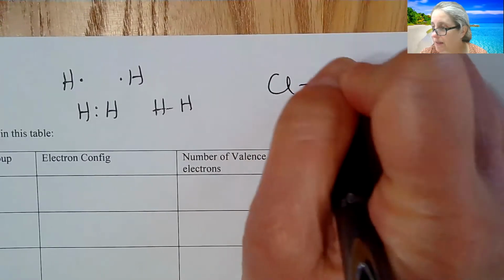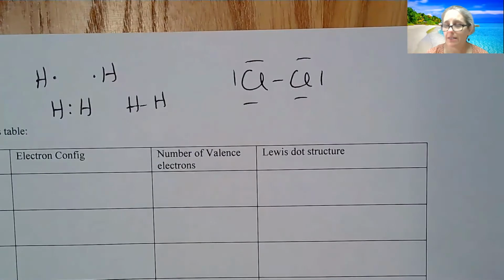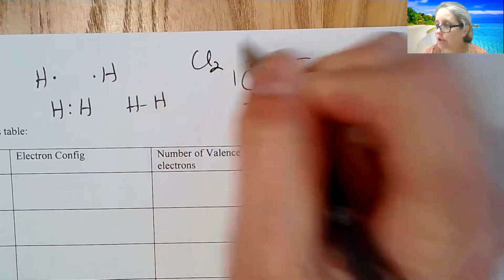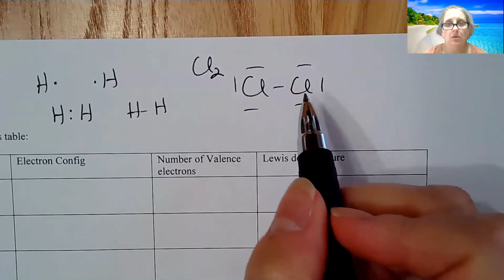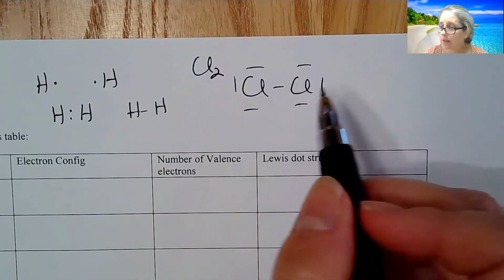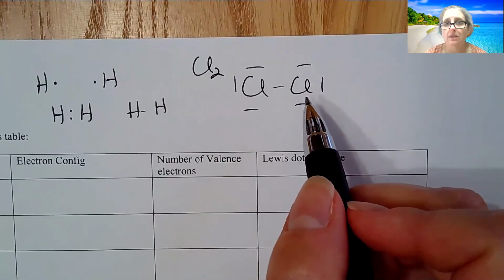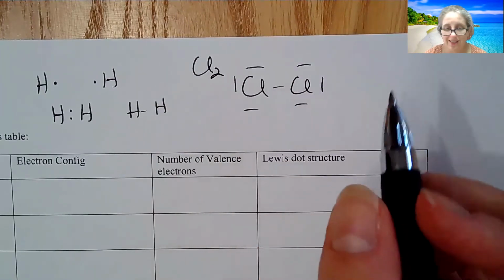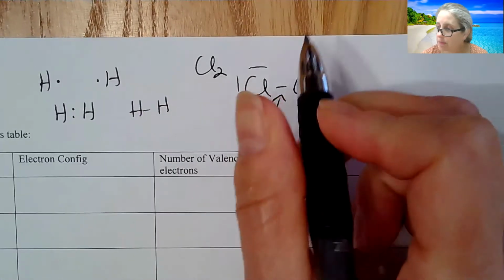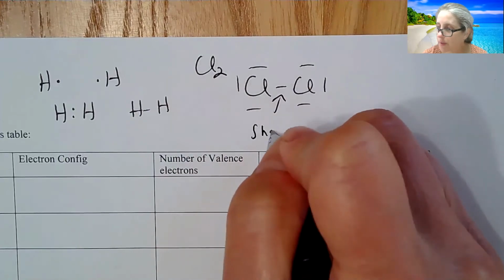If I look at something like chlorine or any of the halogens, if I have a diatomic molecule of Cl2, I have a single bond between the chlorines, and then I have electrons around it, because chlorine is in the 7th column, so it has 7 valence electrons, so it makes a single bond. So realize that in between, whatever is the bond is called the shared pair.